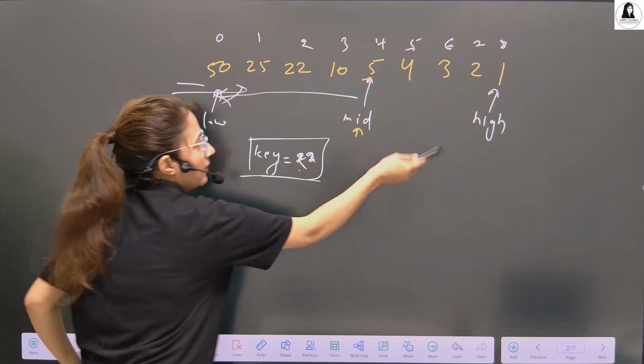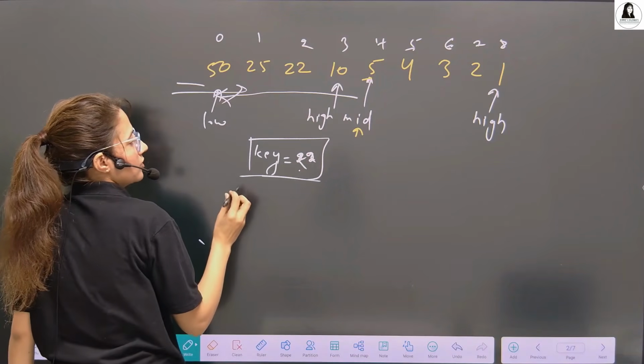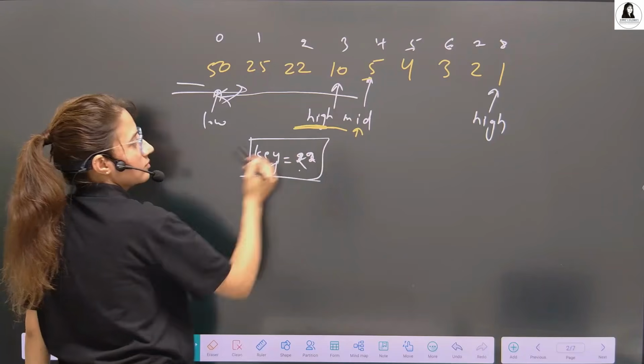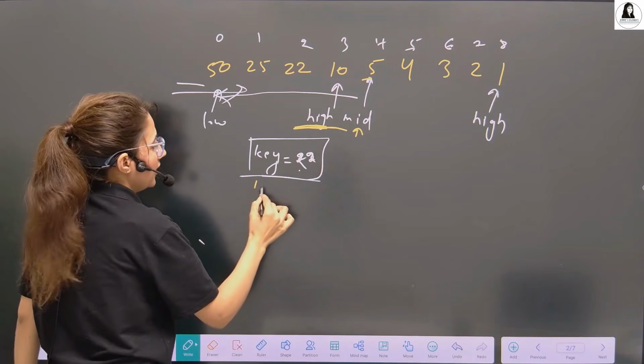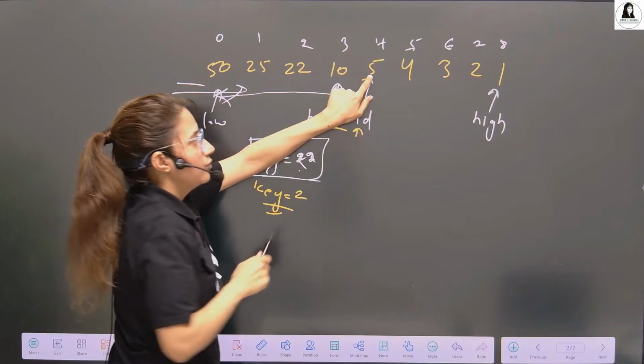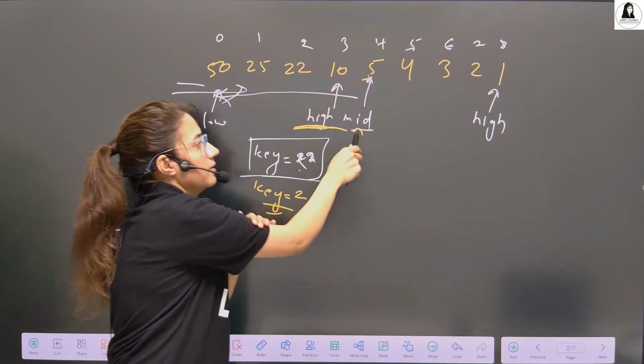Now high becomes this, so now you have to change high. If the key is greater than mid, then high becomes mid minus 1. If the key is suppose 2, and mid is 5, it's not equal, but our data is less than mid.